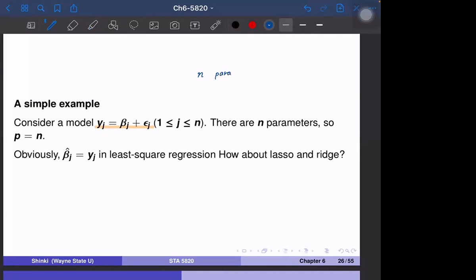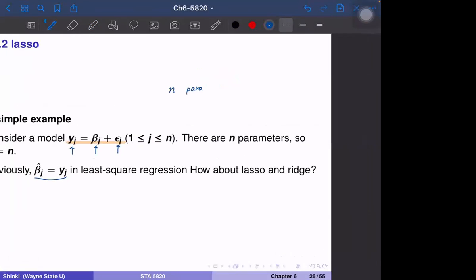If we fit the linear model, we get beta j hat equal to yj. So we prepare n parameters for n observations, so the error becomes 0 and everything can be explained by parameters.